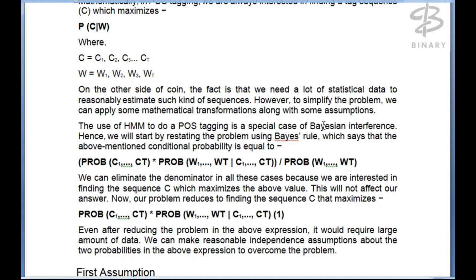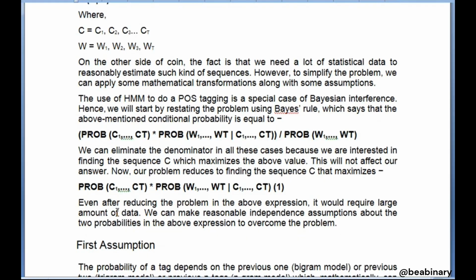POS tagging is a special case of Bayesian inference, and we will start by setting up the problem with Bayes theorem or Bayes rule. We showed this earlier: the probability of the tag sequence multiplied by the probability of the words given the tags, divided by the probability of the words.